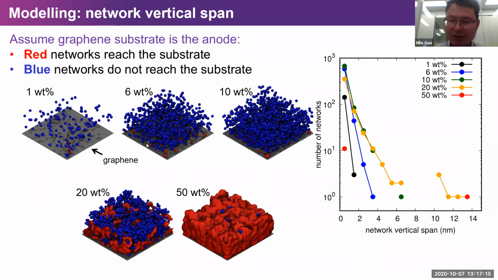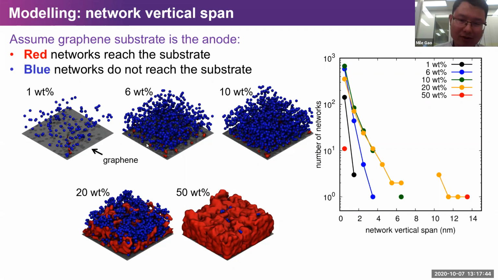The left figure shows a visual representation of the networks of RP that are connected from the bottom. We can see that in the 1 weight percent, very few connect from the bottom. 6 weight percent and 10 weight percent just have a few networks and they can't span further. From this figure, we also plot the number of networks versus the network's vertical span.